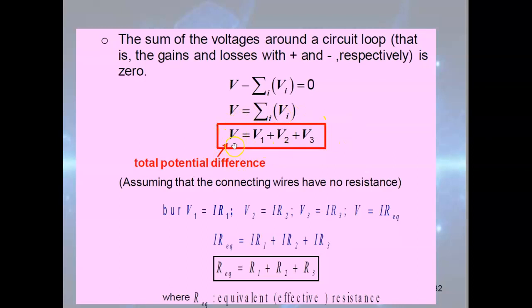The total voltage from the battery is equal to the voltage in resistor 1, the voltage in resistor 2 and the voltage in resistor 3. Similarly, the equivalent resistance is the total of the resistances of the three resistors in your circuit.